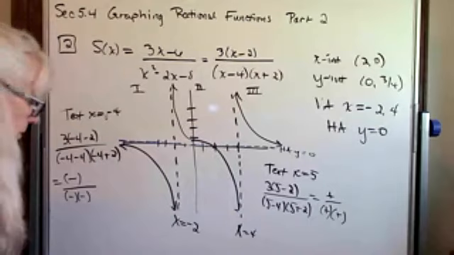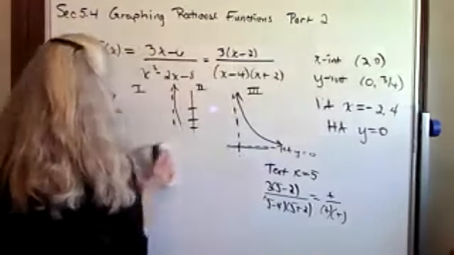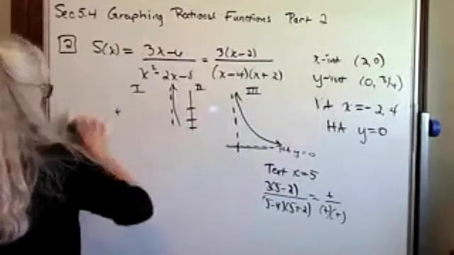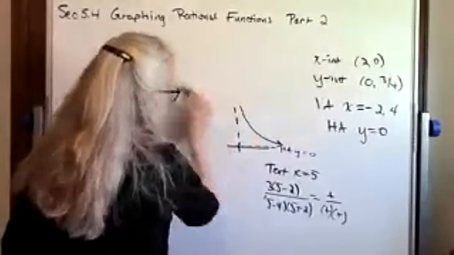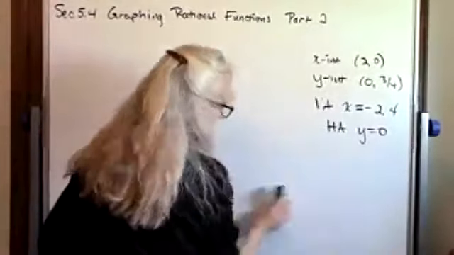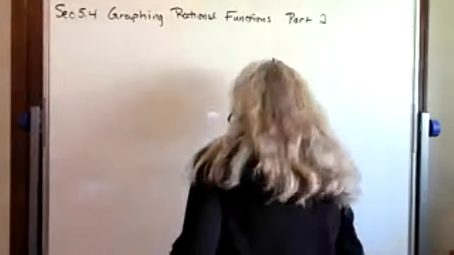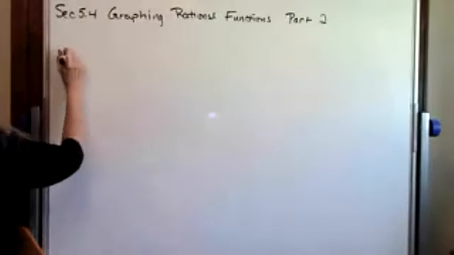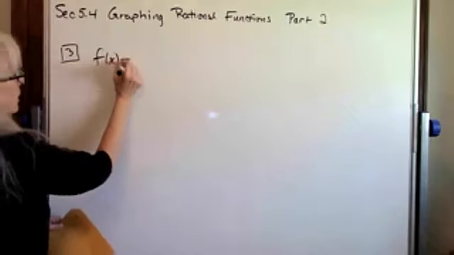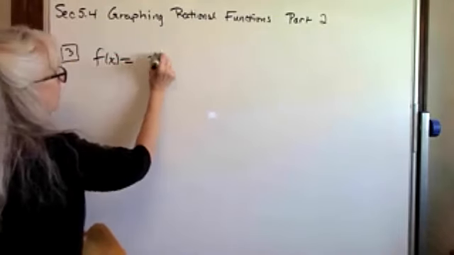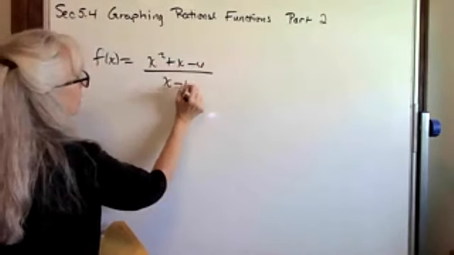Next one we're going to do, example 3. Example 3 says f of x is equal to x squared plus x minus 6, and that's going to be all over x minus 1.